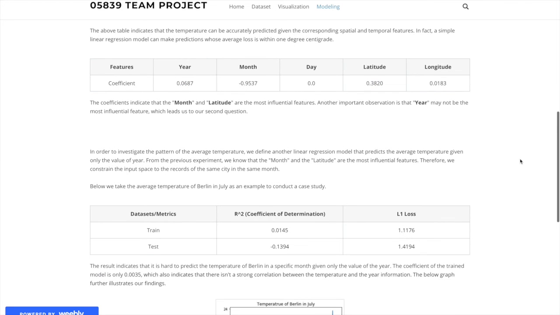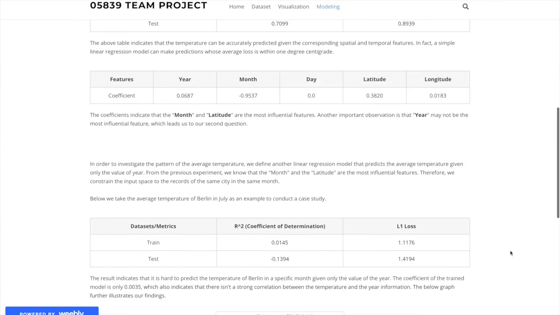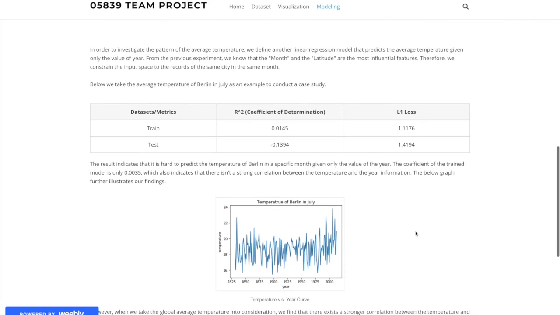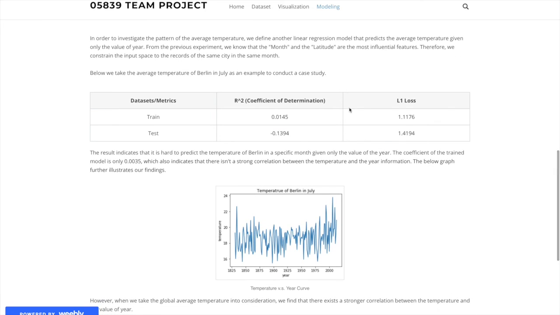So this leads to our second question, that is, can we predict the temperature of a year just given the month and latitude?